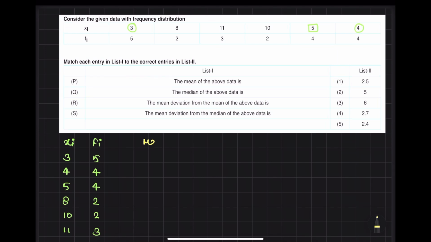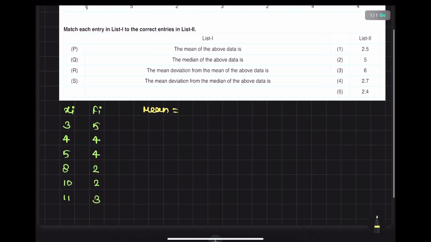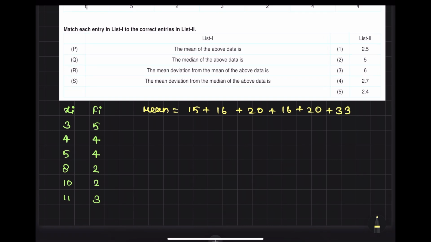Look at this. So mean means what? Summation fi xi by summation fi. Okay, so look at this, how we will handle this situation. So we got 15 plus 16 plus 20 plus 16 plus 20 plus 33.